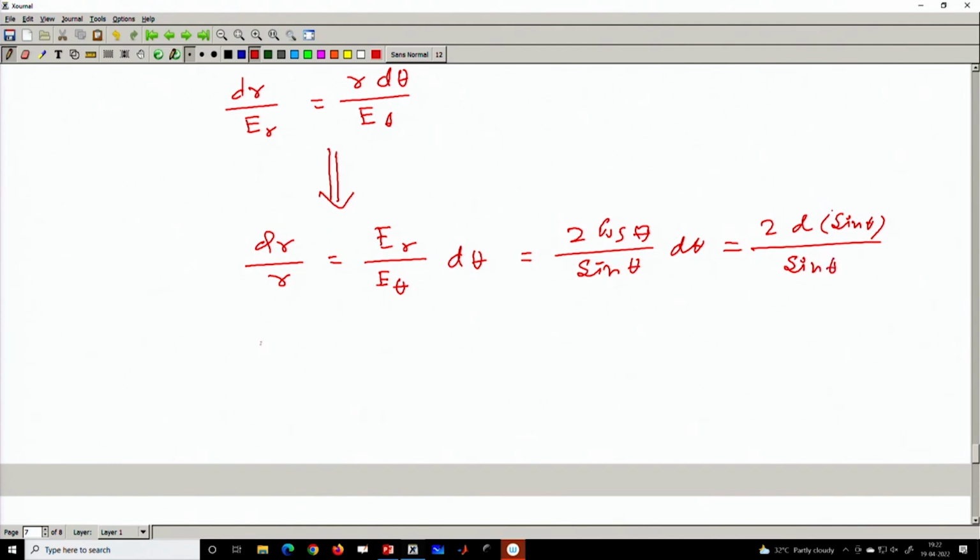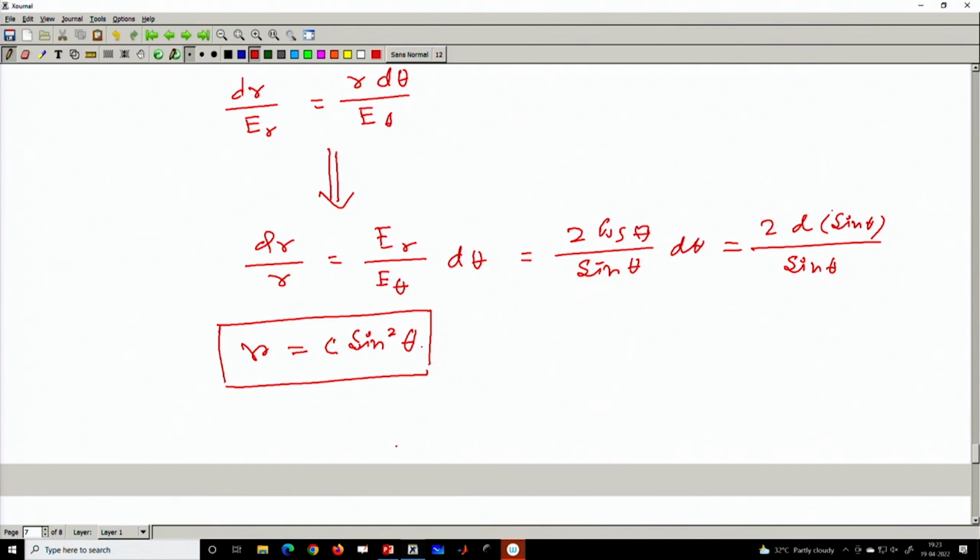Now if I integrate this entire thing, it is equal to some constant k. So, I simply have r equal to that constant multiplied by sin square theta. That is the expression of the field lines created by the dipole.